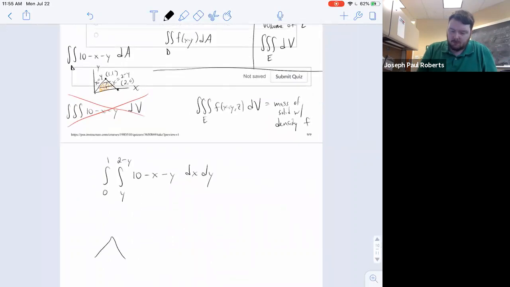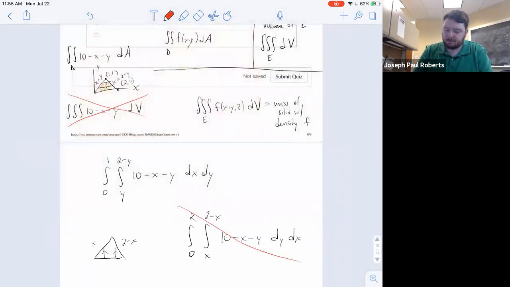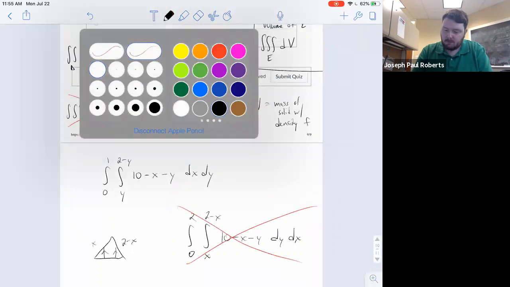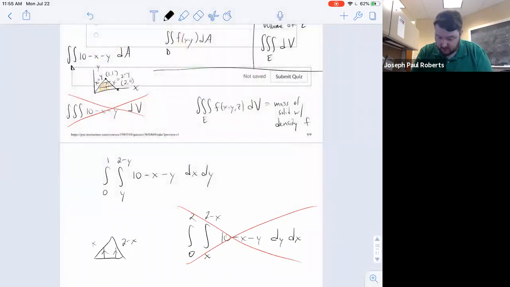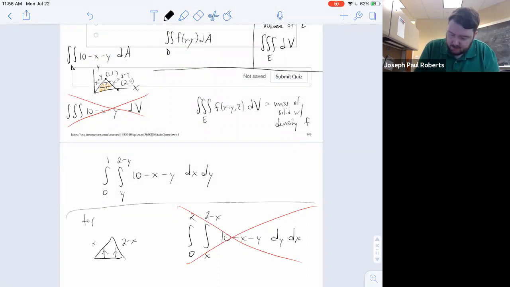So one of the other wrong choices was sort of a bogus dy dx situation, which is bad because the top curve changes.